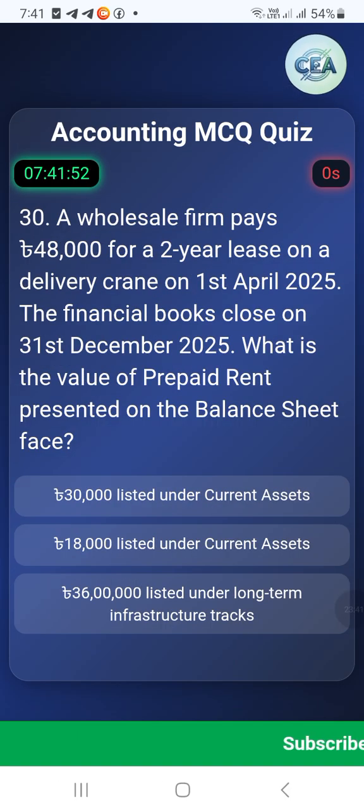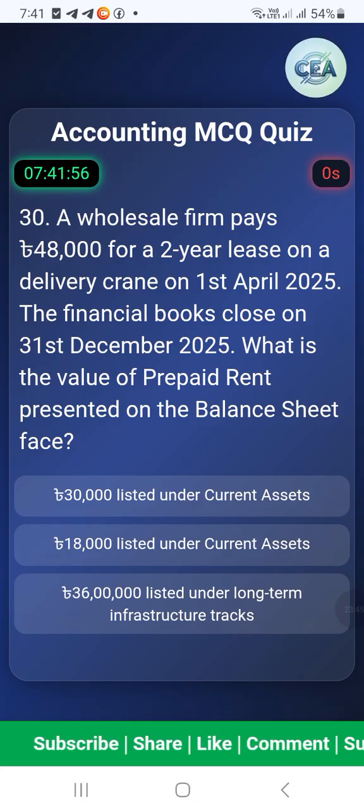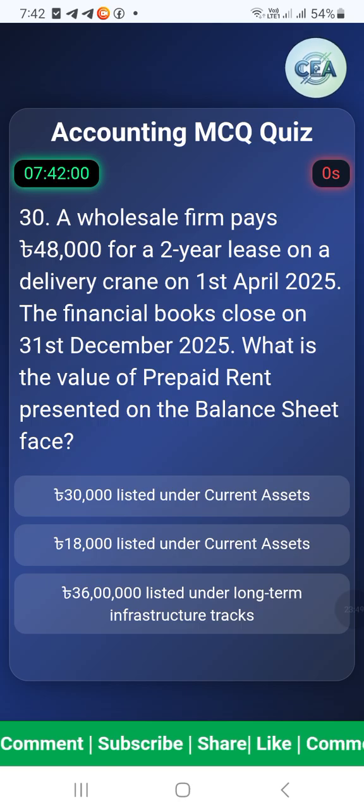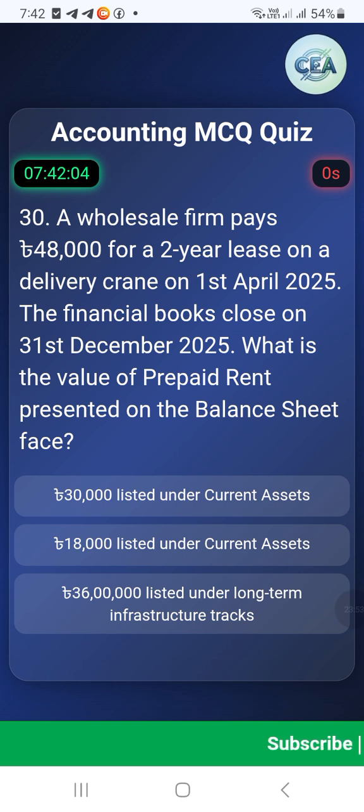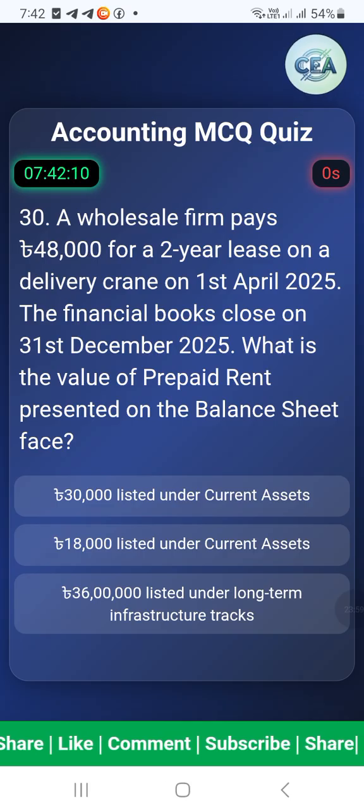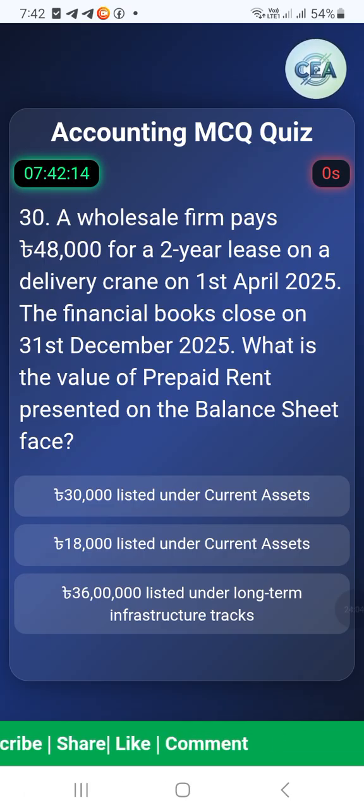30. A wholesale firm pays 48,000 takas for a 2-year lease on a delivery crane on the 1st of April 2025. The financial books close on the 31st of December 2025. What is the value of prepaid rent presented on the balance sheet face? Option 1. 30,000 takas listed under current assets.